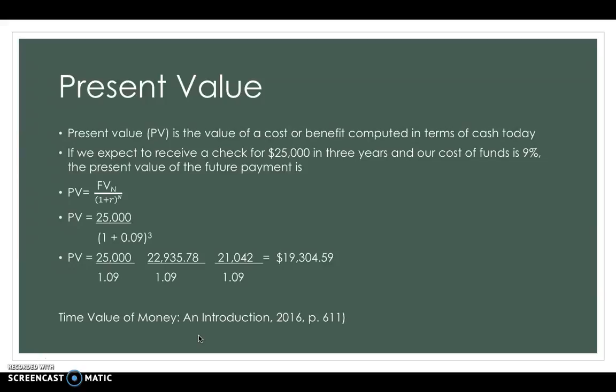PV equals 25,000 over 1 plus 0.09 to the power of 3, since it's over 3 years. You would take the 25,000 and divide it by 1.09 three times to get your present value, which is $19,304.59.